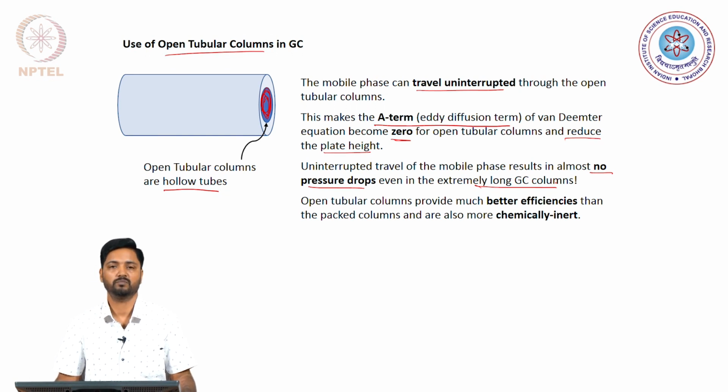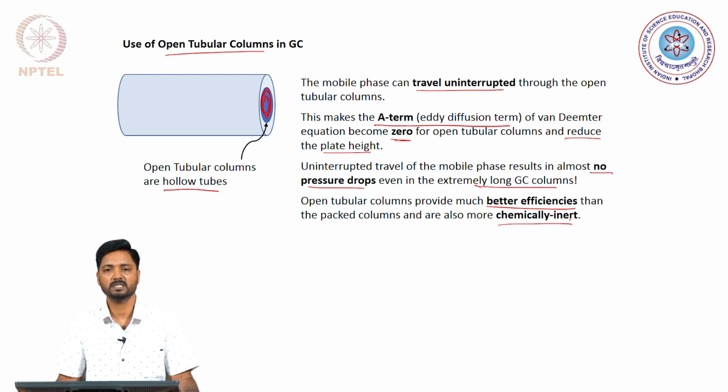Now, of course, the result of having a smaller plate height due to an almost zero A term is that we achieve much better efficiencies, and we also improve the chemical inertness, or reduce the reactivity of the stationary phase with the analyte that is moving through the column.